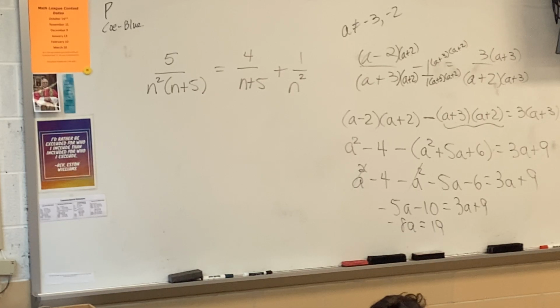So my common denominator is going to be n squared times n plus 5. Would you agree with that? So everything's got to have an n squared and an n plus 5.